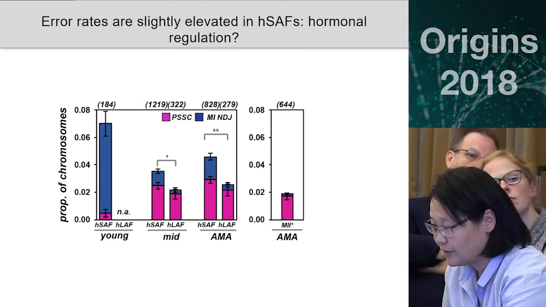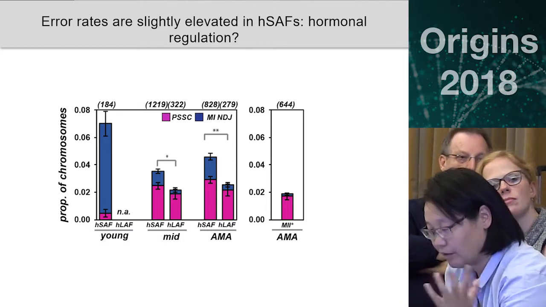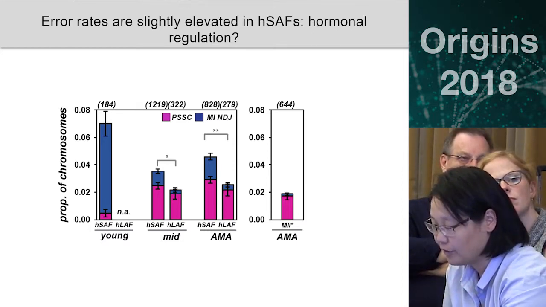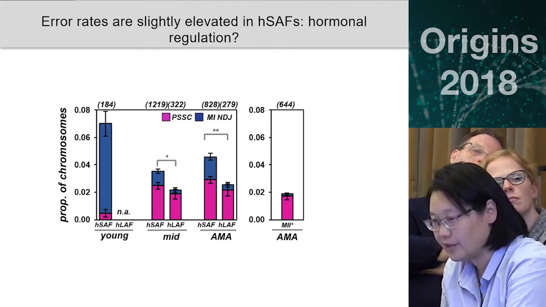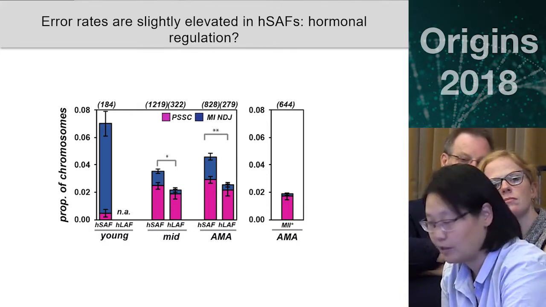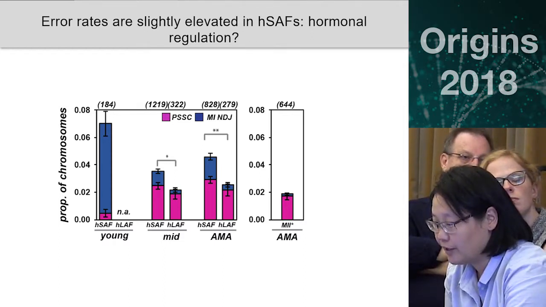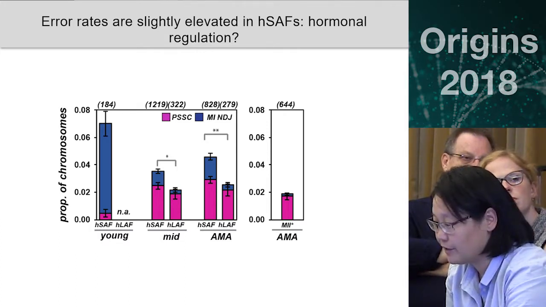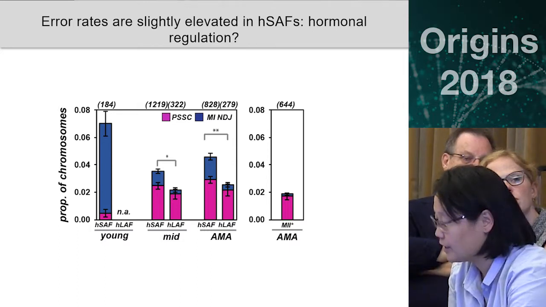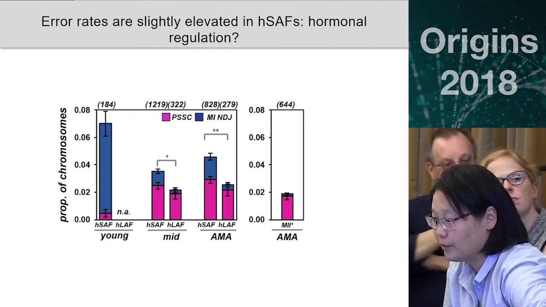And you can see here we're not seeing a massive difference between what we're doing with the GV in vitro maturation, and I think that's also what we would expect, given Maria Scriba's data from the IVF clinic. But what you can see now is that when you're looking at the small antral follicles compared to the large antral follicles, we definitely see an elevation both in PSSCs, but particularly in meiosis 1 non-disjunction, the kind of errors that are coming through now.